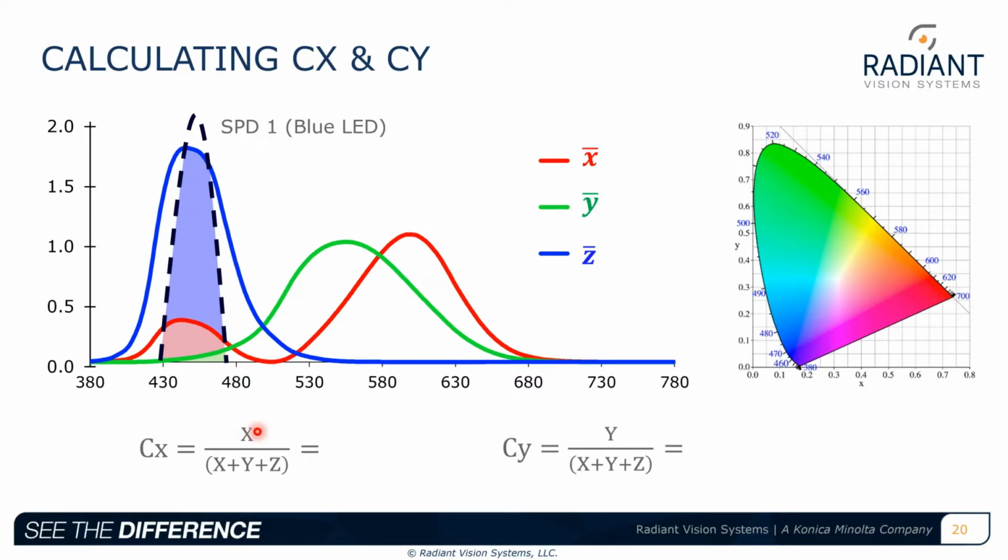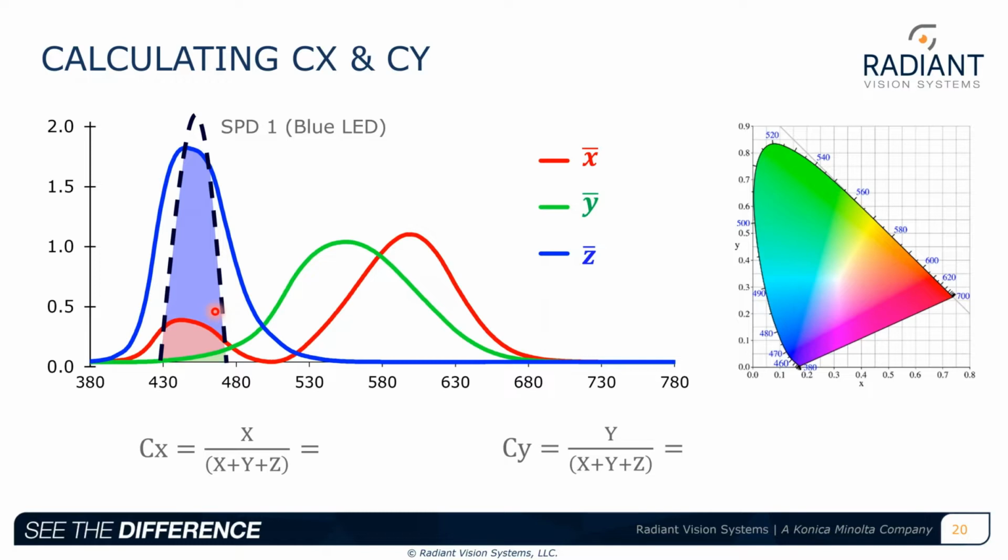My big X is going to be the area shaded under here with red. My capital Y is going to be this little sliver right here, and Z is going to be this really big area here. For this example, we're going to use some arrows to represent the relative size.